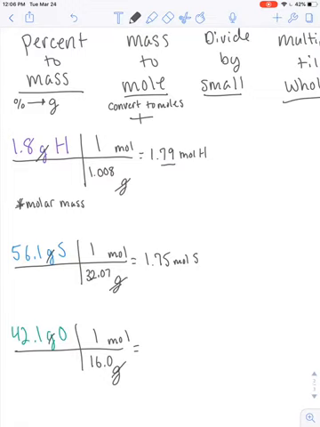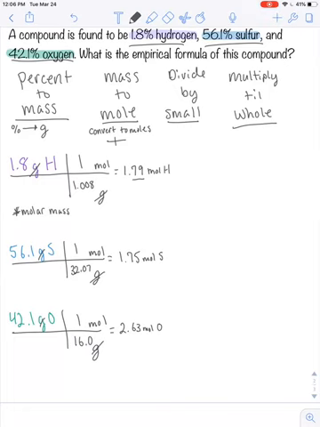And lastly, 42.1 divided by 16.0 is going to give us 2.63 moles of oxygen.